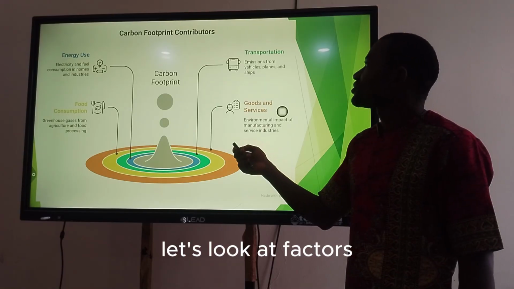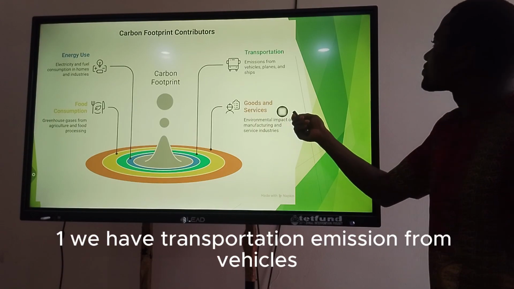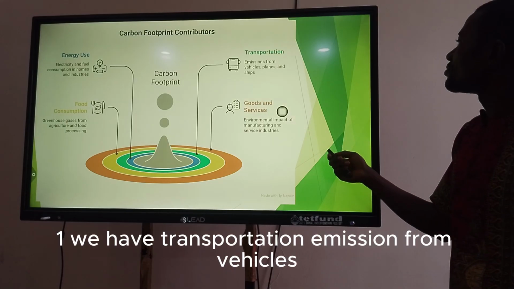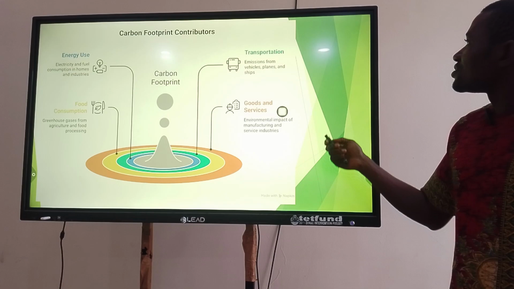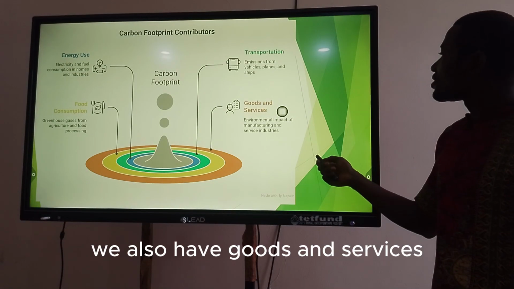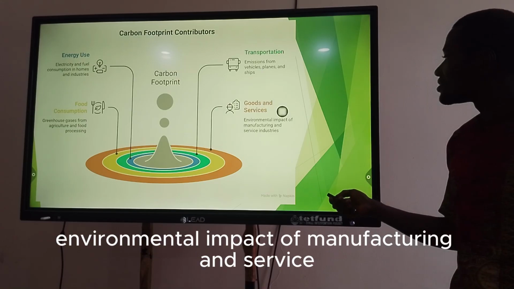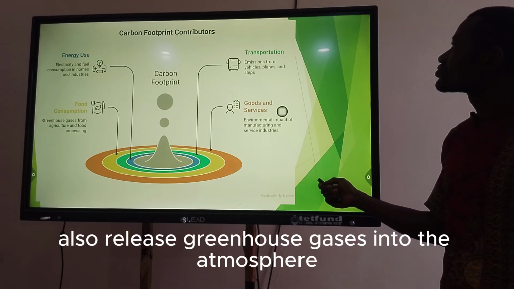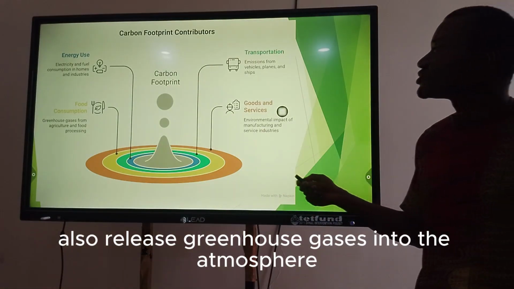Let's look at factors that contribute to carbon footprint. One, we have transportation, emission from vehicles, planes, and ships contribute to carbon footprint. We also have goods and services, environmental impact of manufacturing and service industry also release greenhouse gases into the atmosphere.